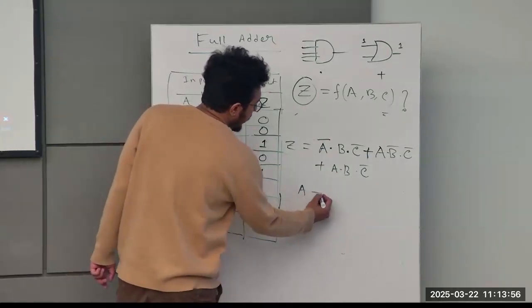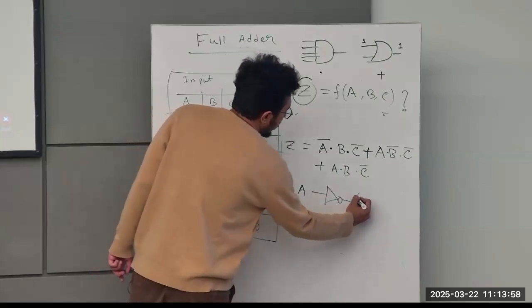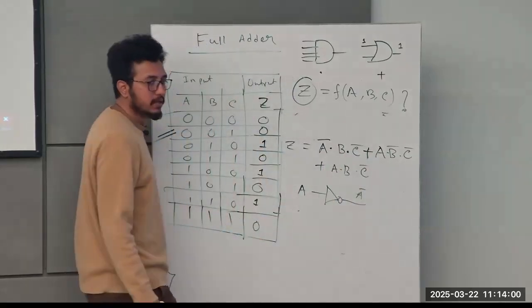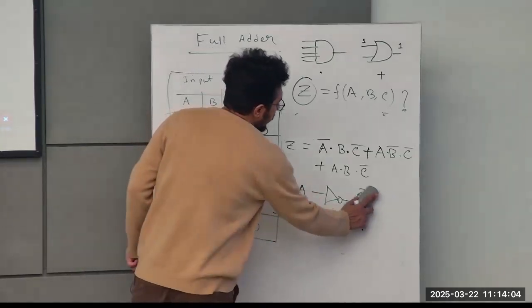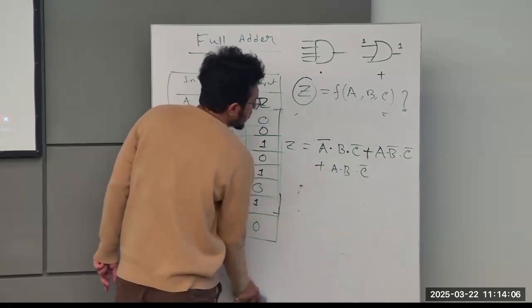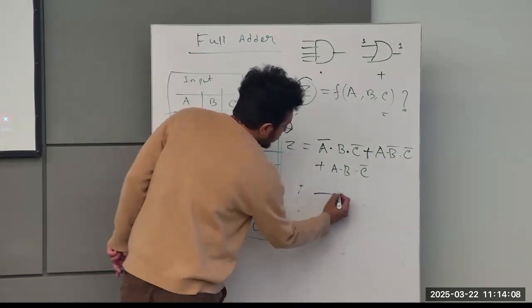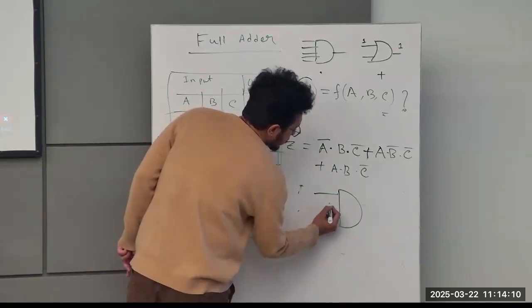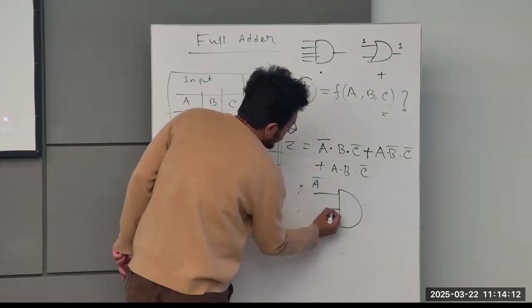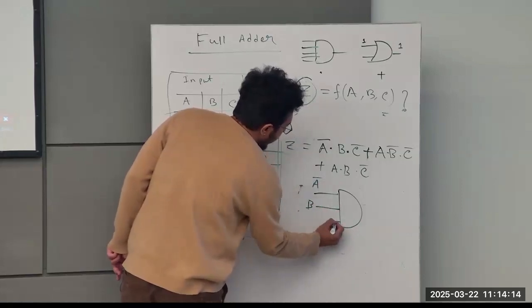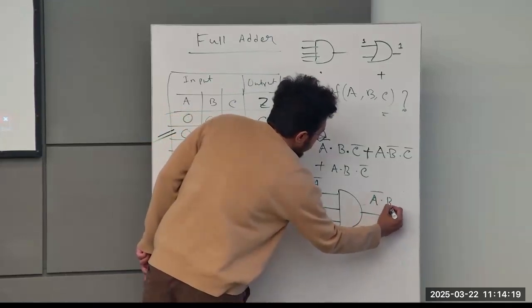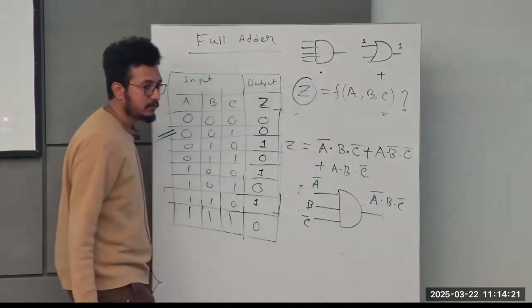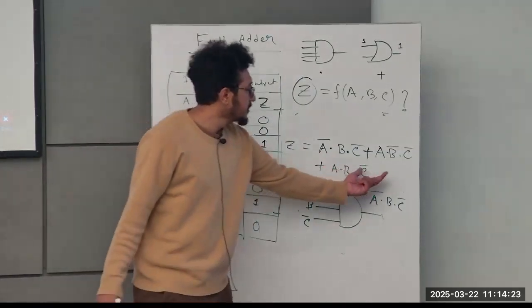If you give A to a NOT gate, you get an A naught, right? And if you want, let's say, A naught, B, C naught, you give 3 inputs to an AND gate. One is A naught, one is B, another one is C naught. So you get A naught, B, C naught. This way you can build these 3, right?